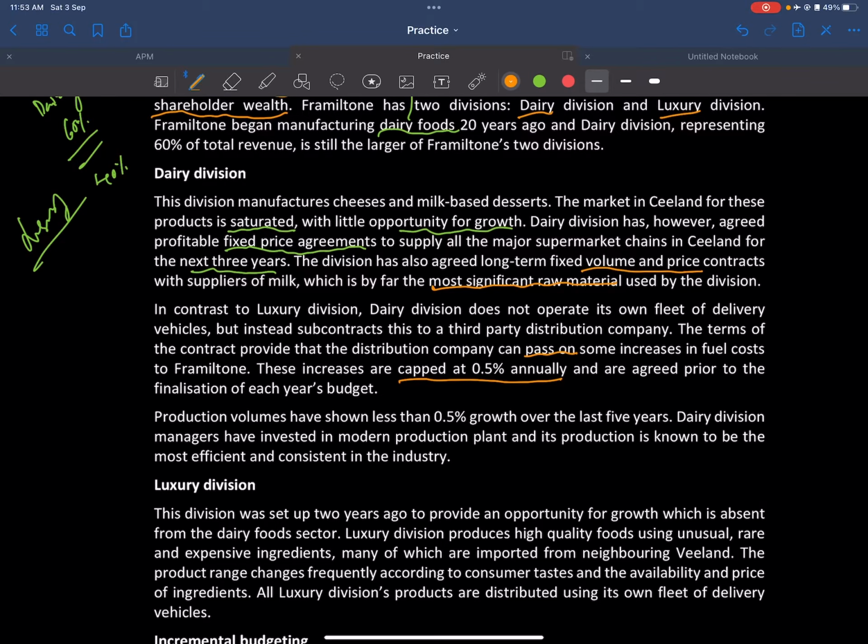You see right over here, prior to finalization of the year's budget, they have a discussion, they agree on it. So the very definition of incremental budgeting is being satisfied right there, right? Basically any increases are already known, right? So I would put this point again right there, right?